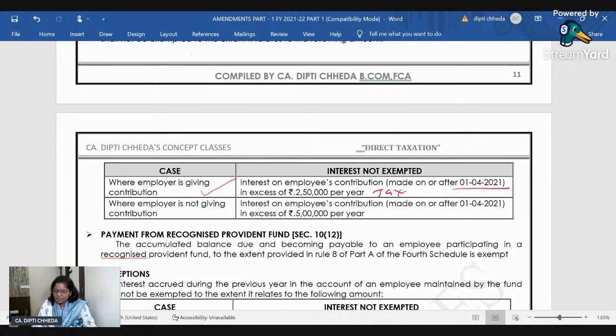It is not exempt, which means it's taxable. But if the employer is not contributing, interest on the employee's contribution made on or after 2021 in excess of 5 lakh per year is going to be taxable.